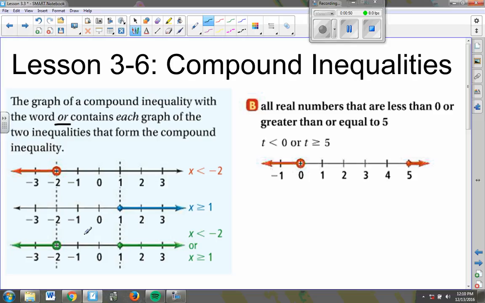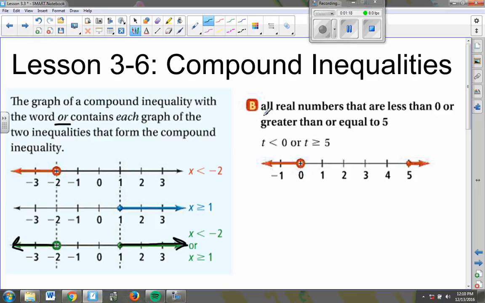So you basically have two options. Either x can be less than -2 in this example, or x can be greater than or equal to +1. So greater than 1 would go this way, less than -2 would go that way. All of these numbers work. It's the numbers in between that don't work for inequalities combined with the word or.